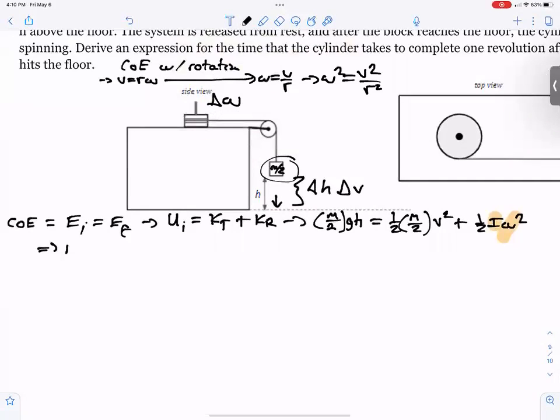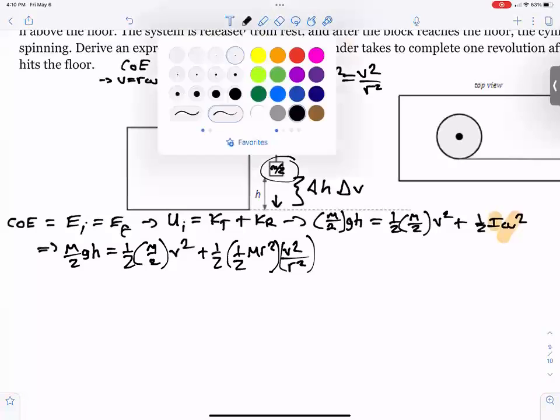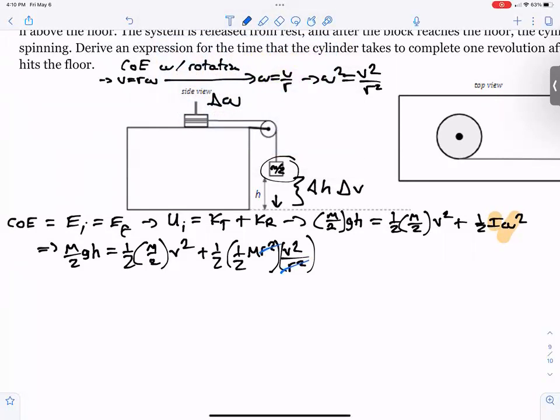So starting from the beginning, we have m/2 gh equals 1/2 m/2 v squared plus 1/2, and then the rotational inertia I is 1/2 m r squared, and then omega squared, we're going to substitute v squared over r squared. Now you'll notice a couple things happen. One, r squareds cancel. Two, the mass of the cylinder, big M, cancels.